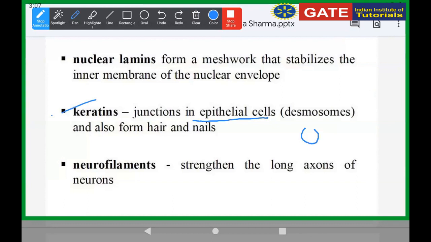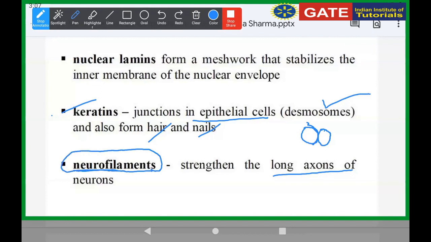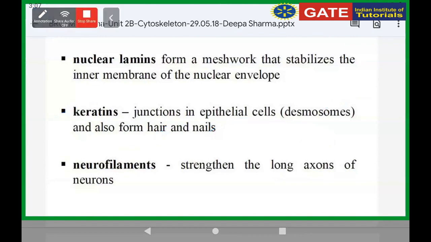Two cells are joined through a protein layer called a desmosome. Keratin also forms nails, etc. Then neurofilaments: nerve cells have long axons, and these axons are supported by the neurofilaments, which are intermediate filaments. Got it? Got it, ma'am.